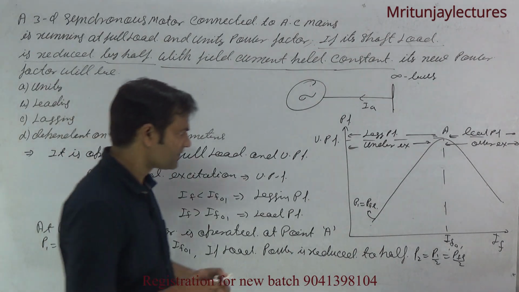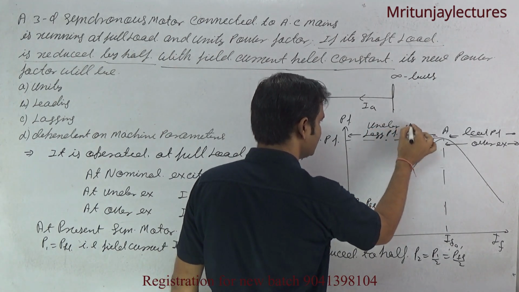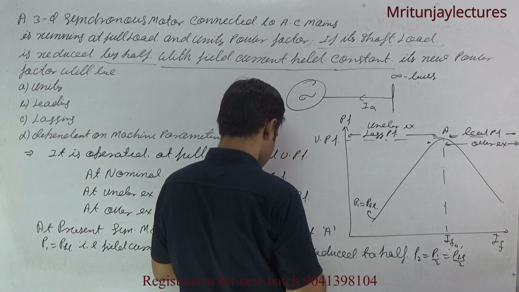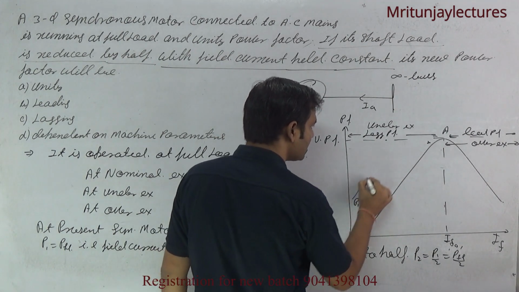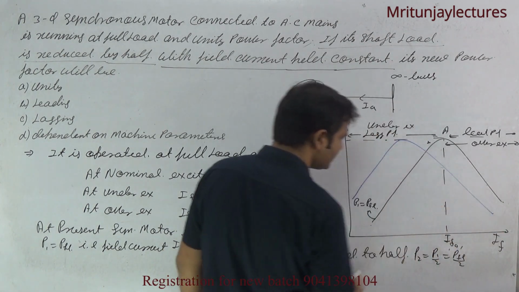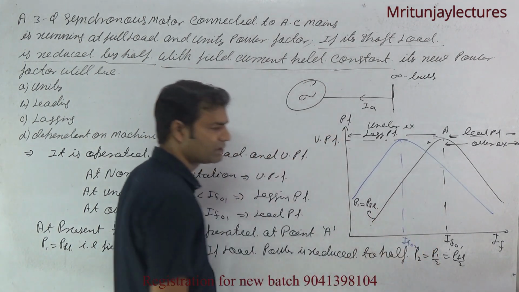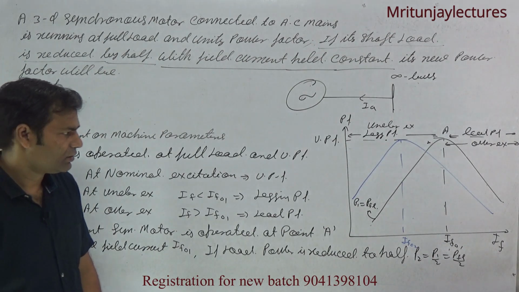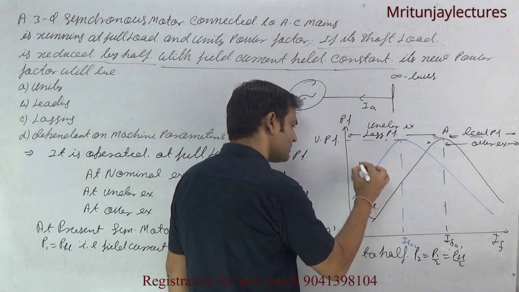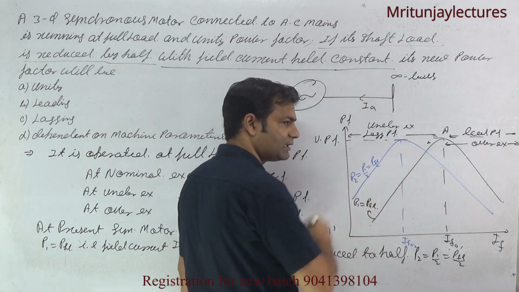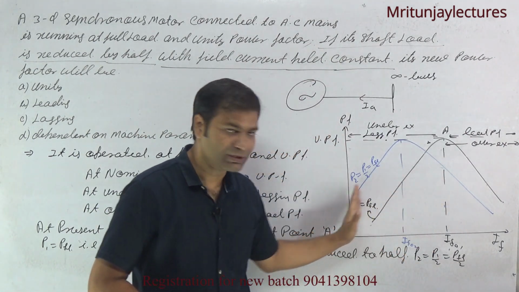Then the graph is shifted, corresponding to this field current IF0. Okay, why? P2 will be equal to P1 by 2, or you can say P full load divided by 2. Clear? If power is half, then why is the graph shifted corresponding to this one?